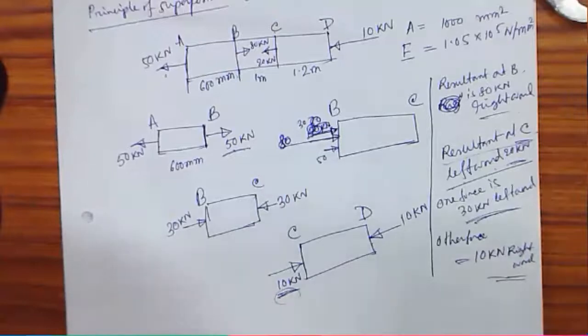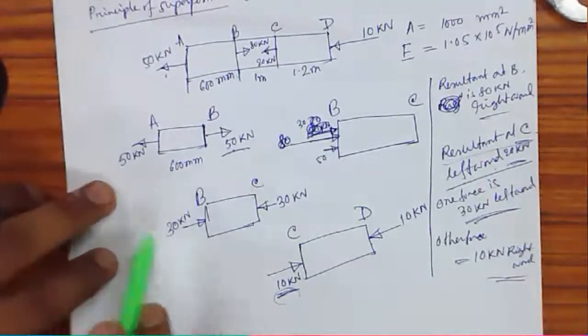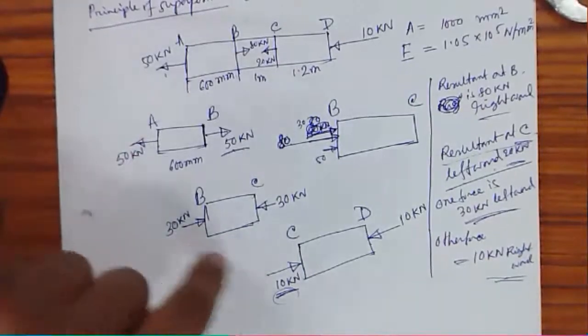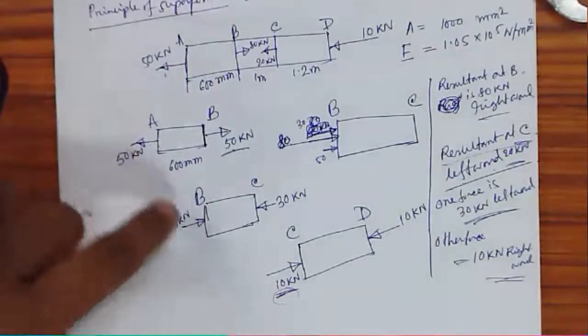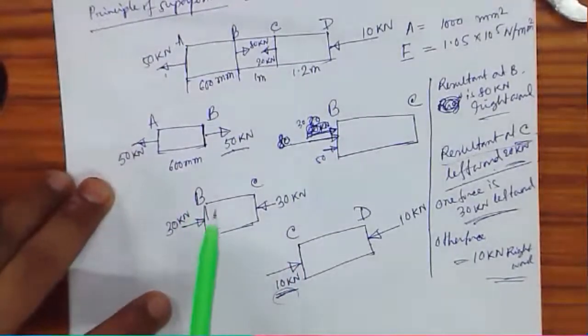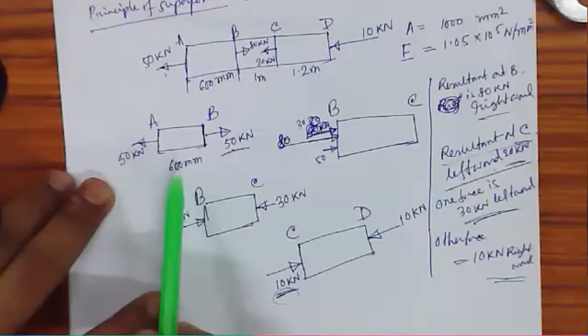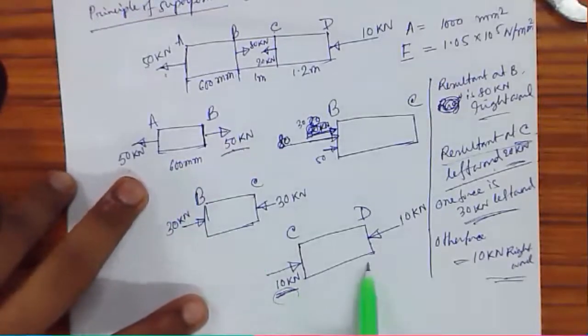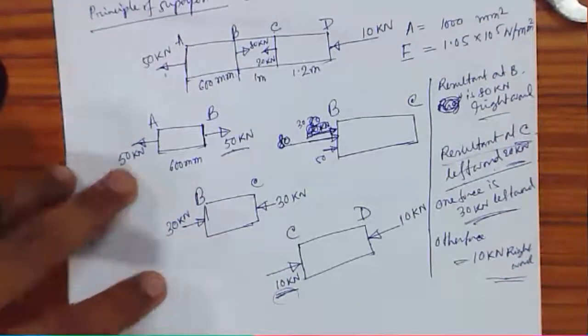So for every problem, the force can be divided in this way. Now we have three different components or segments. If we find out the elongation of segment 1, segment 2 and segment 3 separately and then add them up, we can get the total elongation.